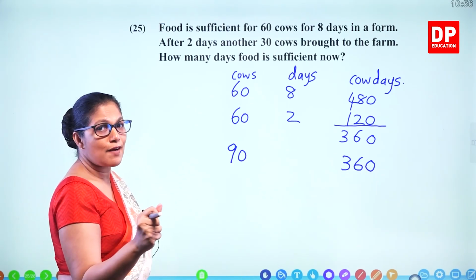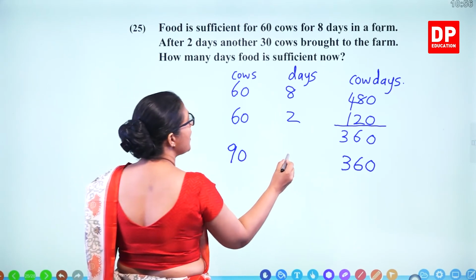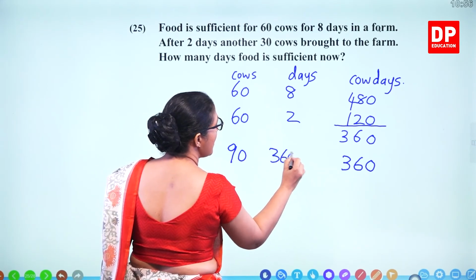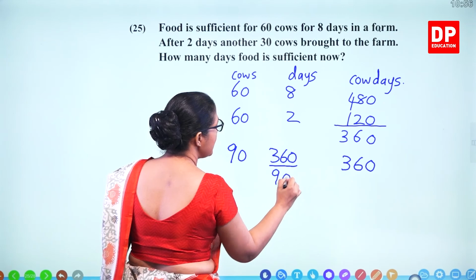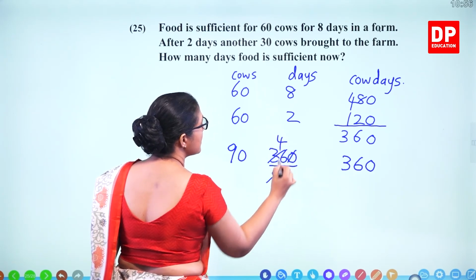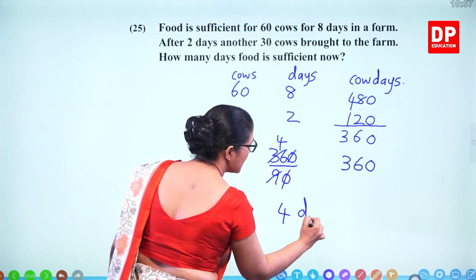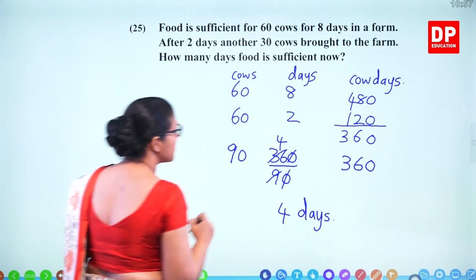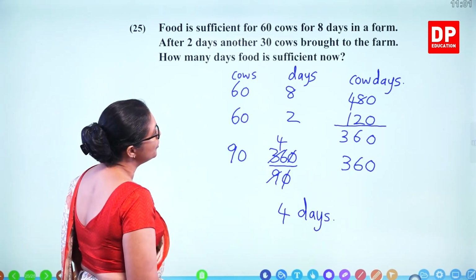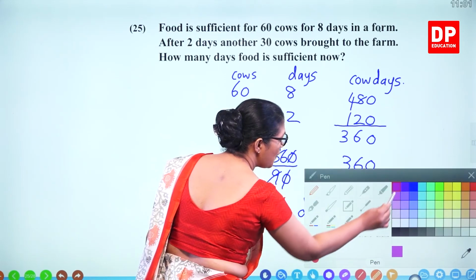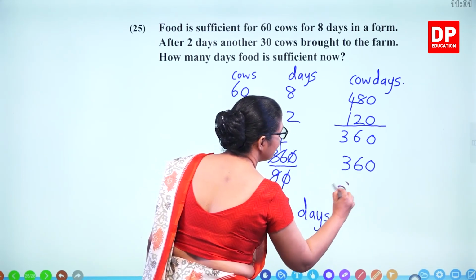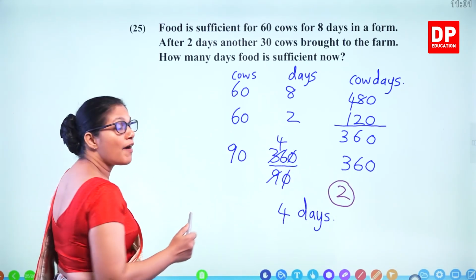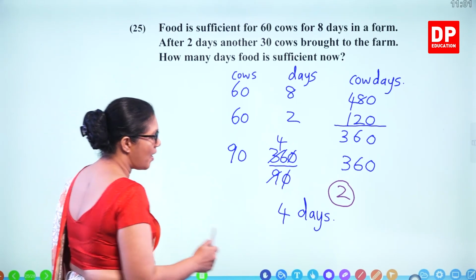So, food is sufficient for that. How do you find out the number of days? 360 divided by 90, that's 4 days. 4 days are sufficient for that. So you get 2 marks for that. Method 1 mark and finding the number of days 1 mark.